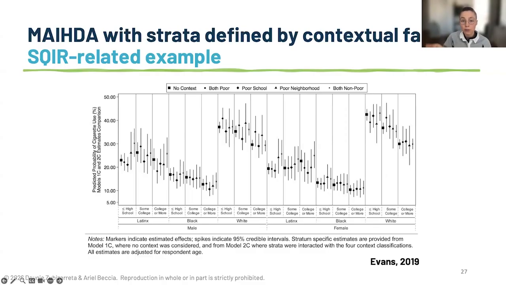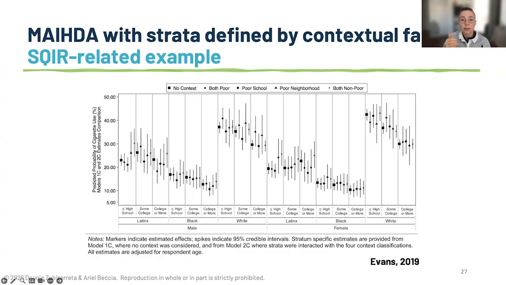And also, from this figure, we can see that this method also allows us to easily identify intersectional strata that are at particularly high or low risk of the outcome, but also importantly to identify any patterns that might exist across similar contexts.